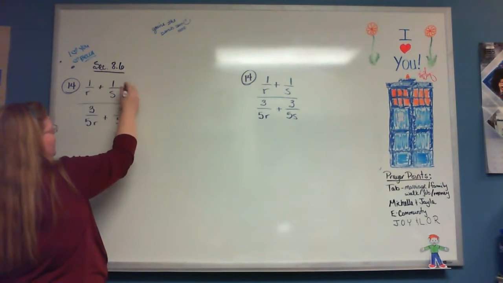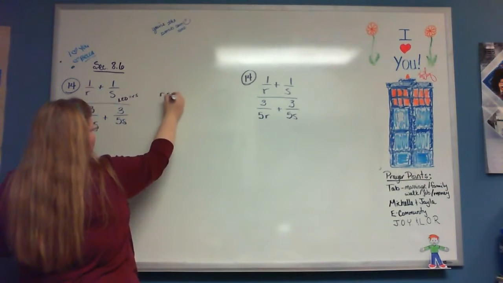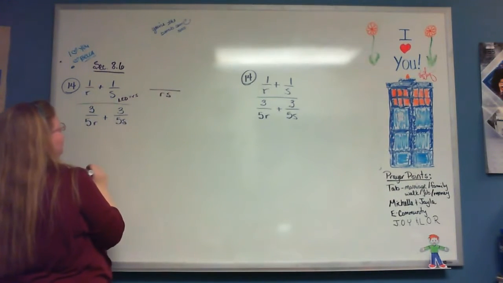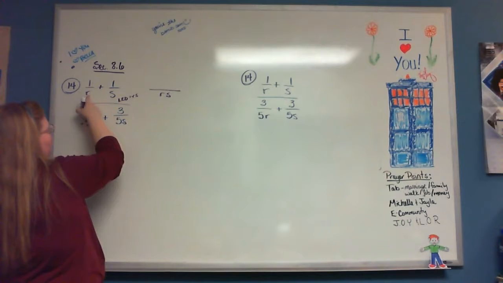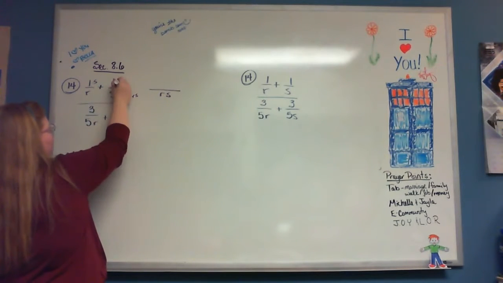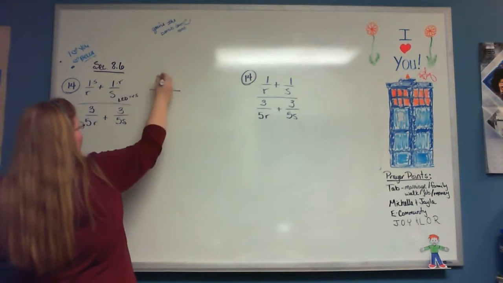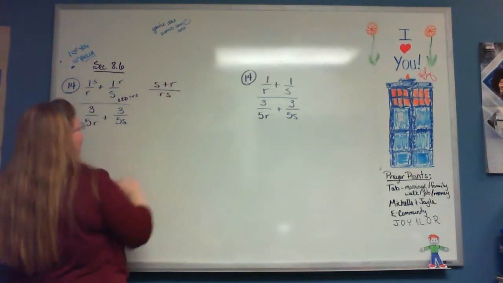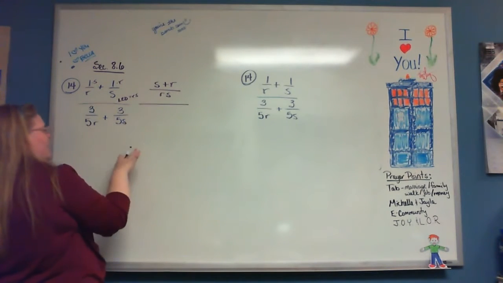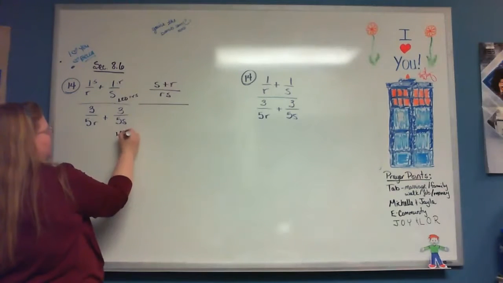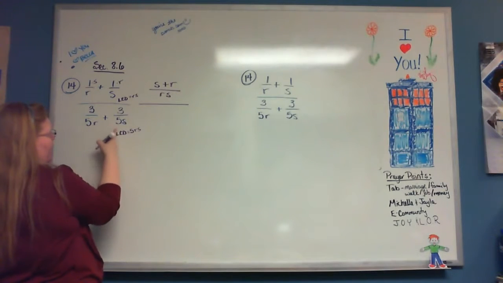So right here up top, my common denominator is going to be RS. So that means I'm going to end up with an RS. And then since that's going to be RS, this one needs an S, and this one needs an R. So on top, I end up with S plus R. On the bottom, my LCD is 5RS, because they both have a 5.